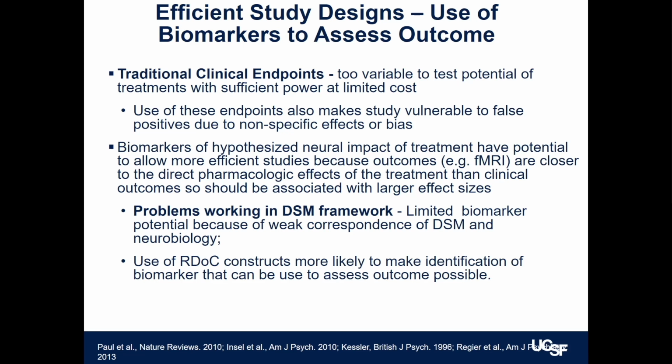And therefore, if you look at this RDoC matrix, which is essentially a competing framework for diagnosis and outcome assessment, there are entities, many of them have biomarkers associated with them that could be used to measure them, of varying degrees of validity, and experience with use in clinical trials.